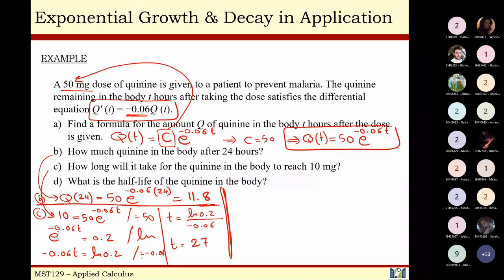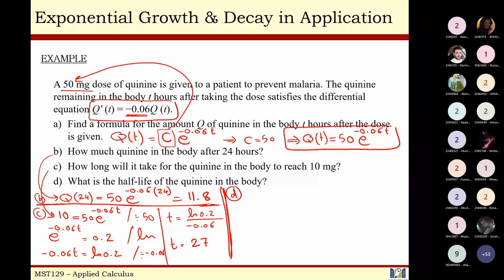Now, part D. What is the half-life of quinine in the body? Half-life, so we need to find the time for the quinine to reach half. So half equals 25. So 25 equals 50 e to the power minus 0.06 t.